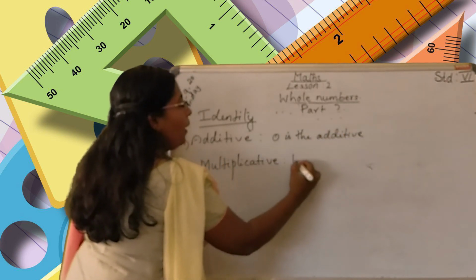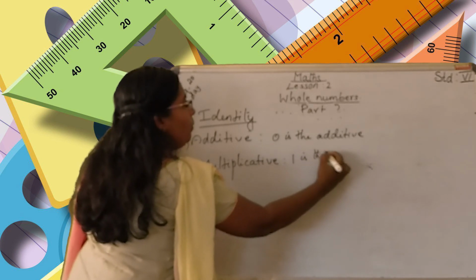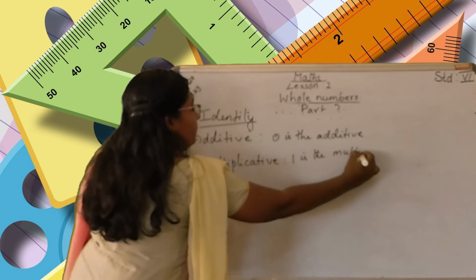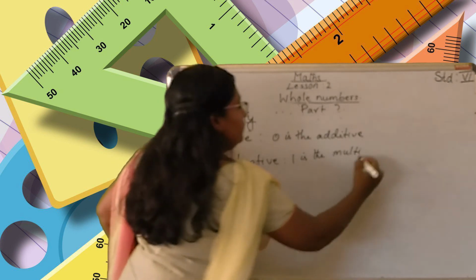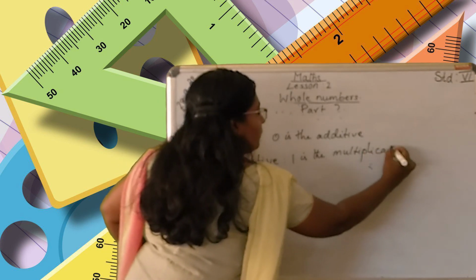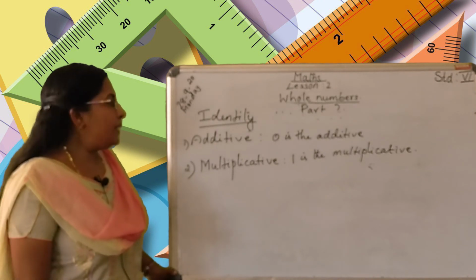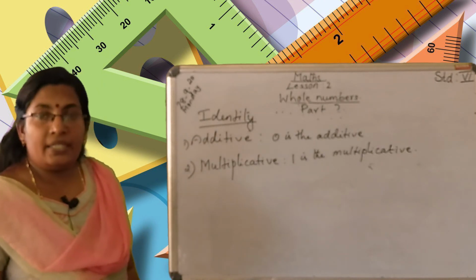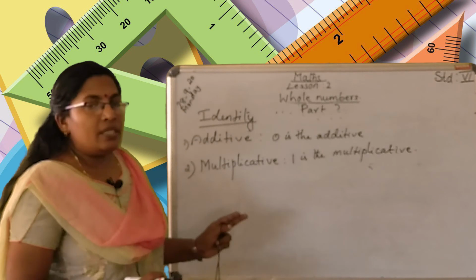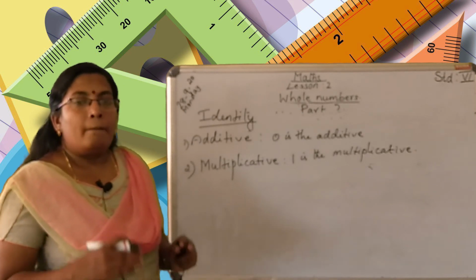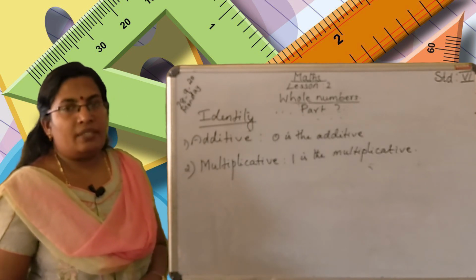Here 1 is the multiplicative identity. For identity, 0 is the additive identity, 1 is the multiplicative identity.